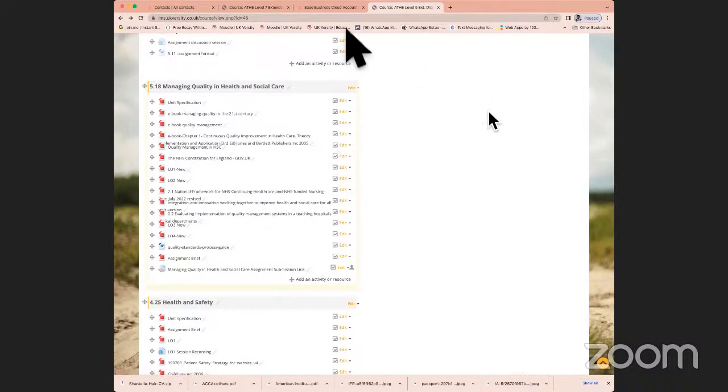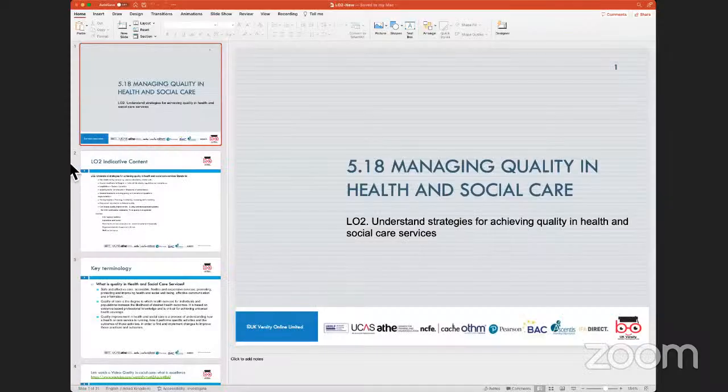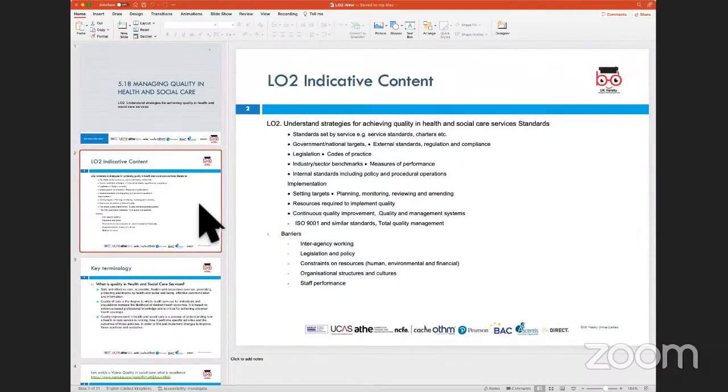Now, I'm going to take you back to the learning outcome 2 that we are looking at discussing today. There's a fair bit of content in the learning outcome that we are going to be looking at for discussion. So over to the presentation slides, in which I will discuss some of these main points of the indicative content: what are standards, how they are set, what are the key legislations and codes of practice which are important for us to make sure that quality policies and procedures are followed in terms of delivery of care within the sector.